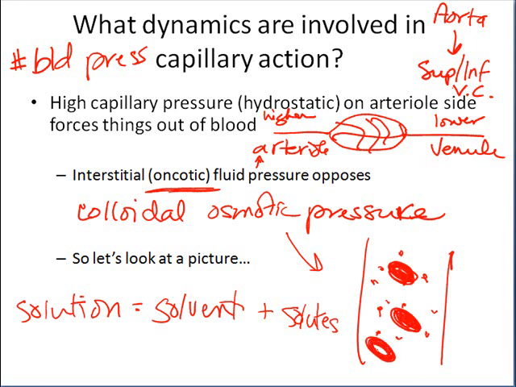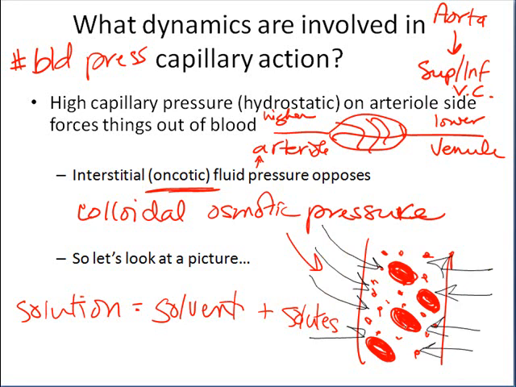All of these different particles present in the blood, and it's mostly the proteins that are the biggest contributor, contribute to the colloidal osmotic pressure of the blood. And the more particles I have present, the greater I will have an ability to draw water into the blood. The fewer protein particles I have present in the blood, the less I will draw water into the blood. Okay, so this is colloidal osmotic pressure. Blood that's very highly concentrated, like if somebody's dehydrated, it's going to have a very high colloidal osmotic pressure. That means it's going to draw water pretty vigorously.